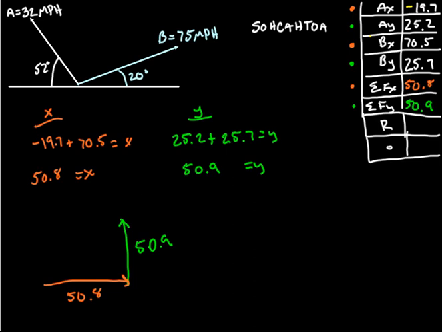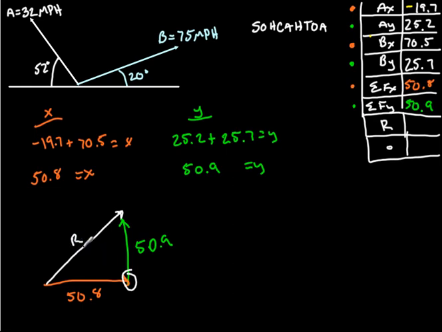Now, mind you, this is not drawn to scale, so it will seem a little off. As you notice right here, we're going tip of one to the tail of another, and we're going to draw our last thing here, and we get an R.